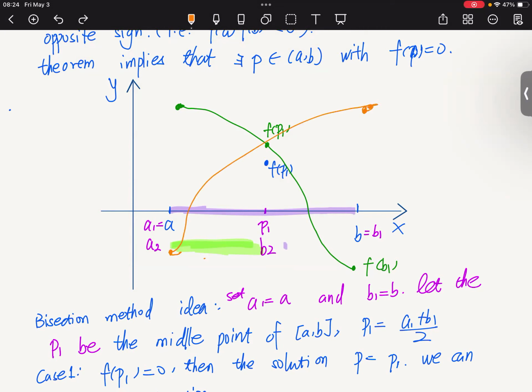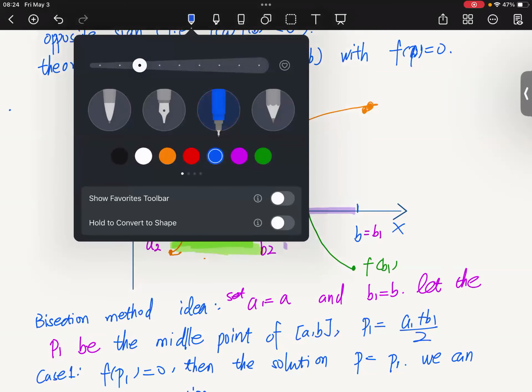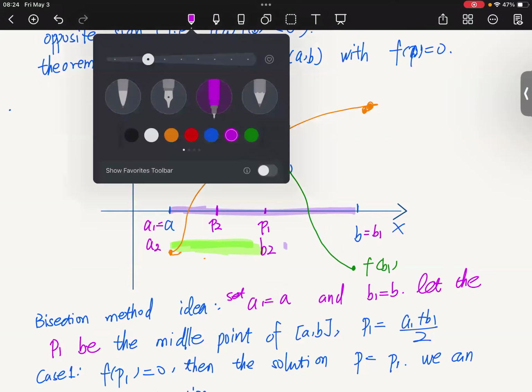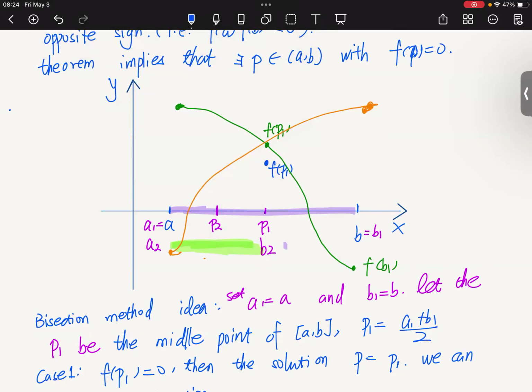So let's say we have this function, and now we already have A2 and B2 there, and we are going to do the bisection. Once again, we take the middle point of A2 and B2, and this is P2. We evaluate the function at P2, and this is f(P2), right?